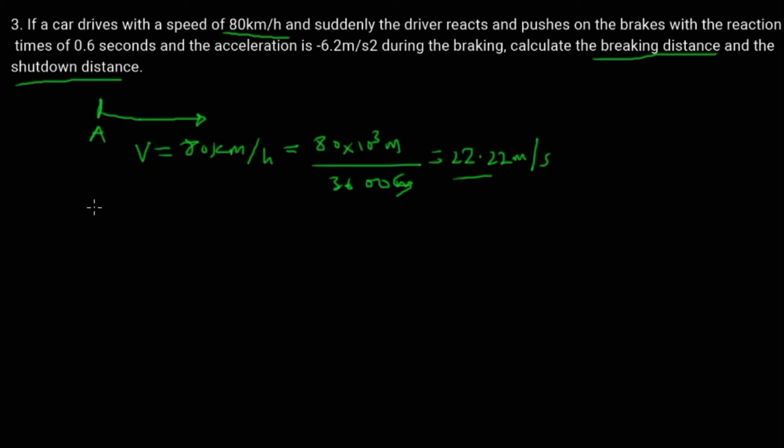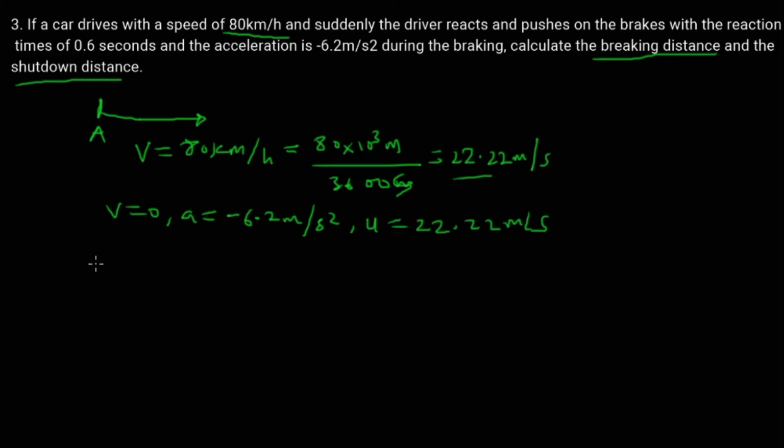For the braking distance, during the application of the brake, notice that the final velocity v is 0, and the acceleration is negative because the car will be decelerating at the rate of 6 meters per second squared. And then the initial velocity u will be 22.22 meters per second.